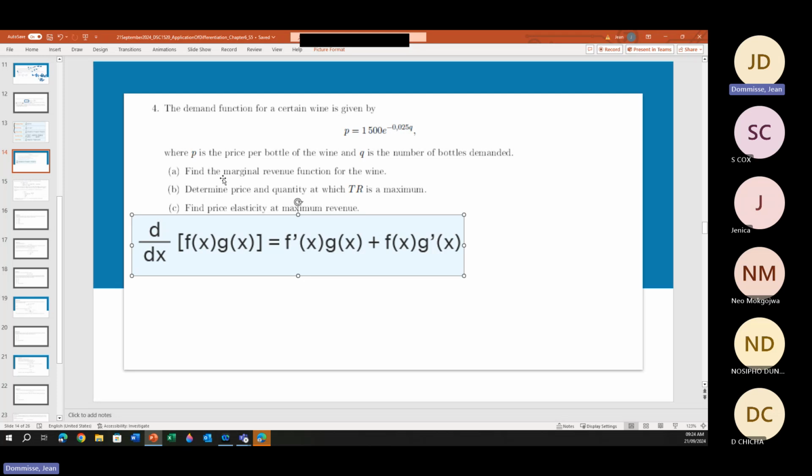So we're first going to work out marginal revenue, and then we can look at if we need to do anything else. First, I want you guys to quickly grab a piece of paper if you have. Check if you can do that first one, where we need to find the marginal revenue function.